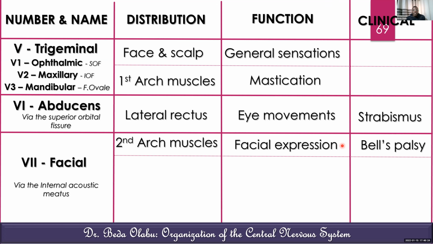All right, so the other distribution of facial nerve is to the anterior 2/3 of the tongue. That has sensory function though, so let me say, fibers of facial nerve come from the anterior 2/3 of the tongue. The fibers of facial nerve that come from the anterior 2/3 of the tongue specifically have a name.